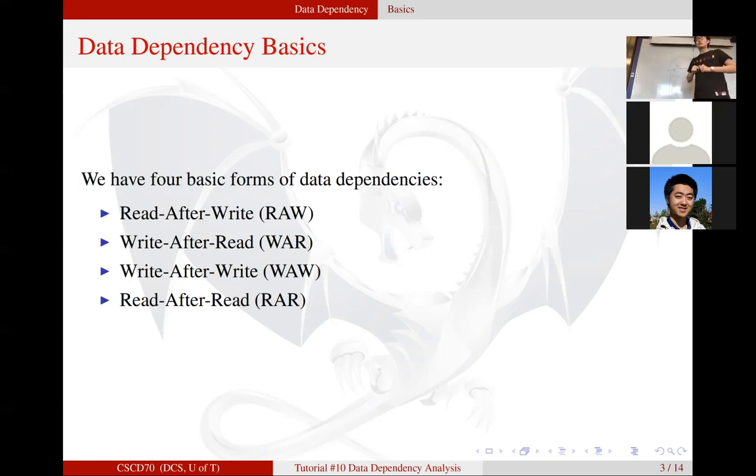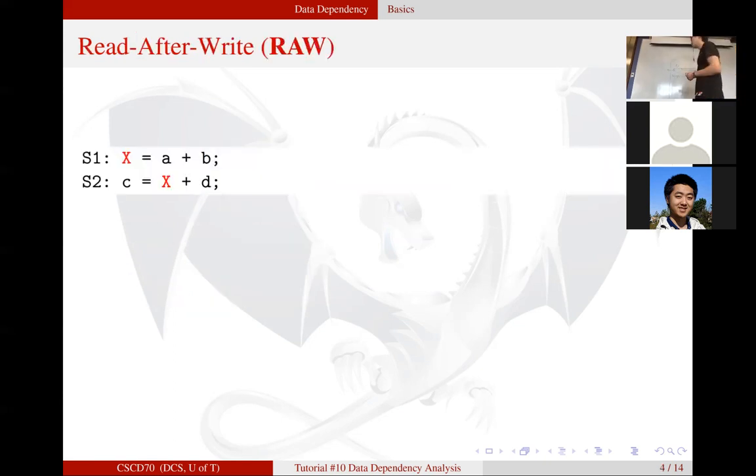Let's take a closer look at what those dependencies mean. In the case of read after write, a minimal example is shown on the slide, where we have x equals a plus b, and c equals x plus d. As you can see, both instructions use the same value, x.